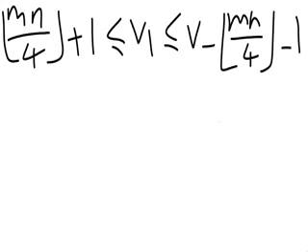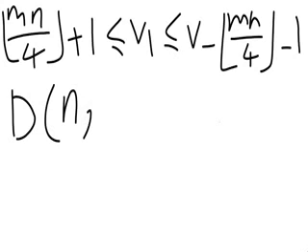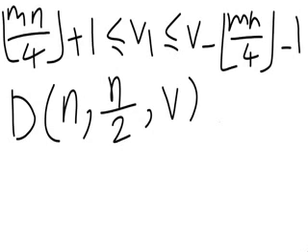So what we need to look into is what? D of, okay, first of all, we are considering all the persons, so I need to consider all the n persons. Then we know that I want to pick half of them, so we need to have an n over 2 here. And this v should be exactly this V1, should be exactly in this interval here. So what we need to do is to look into all values of d of n, n over 2, and v1 iterating between Mn over 4 plus 1 and v minus Mn over 4 minus 1.